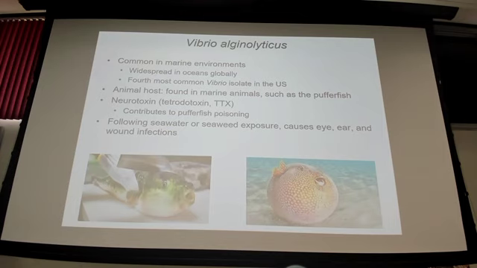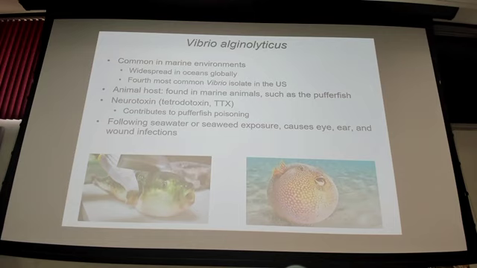So you have to know what you're doing. Otherwise, people can ingest the tetrodotoxin, which is a neurotoxin produced by some of these bacterial species. This isn't the only one; there are others that can produce tetrodotoxin as well, but it can cause some neurological problems.